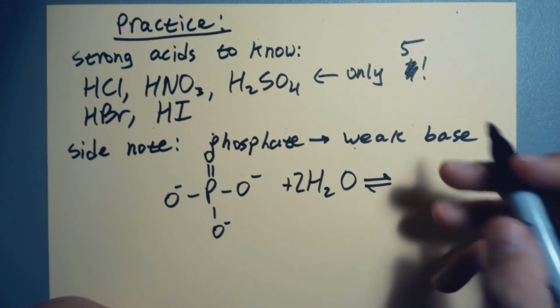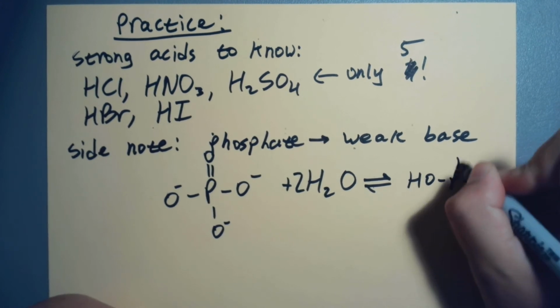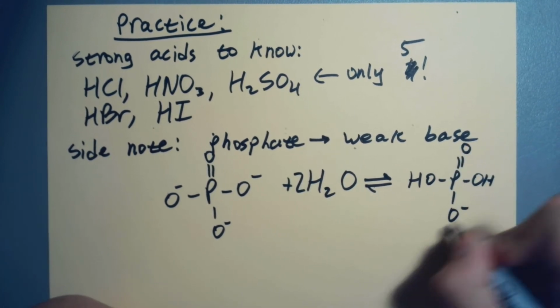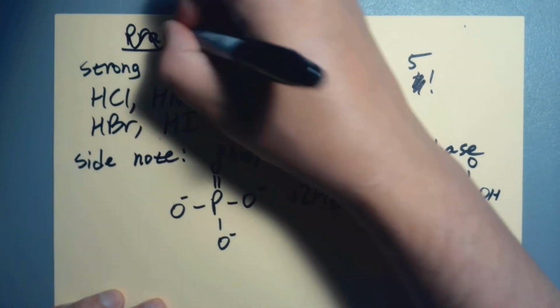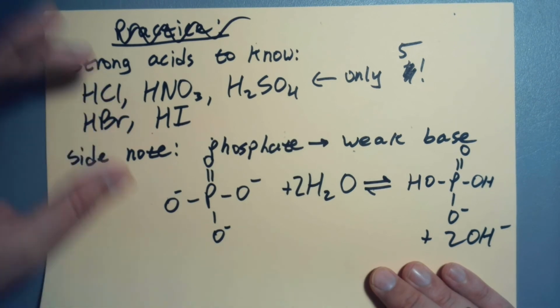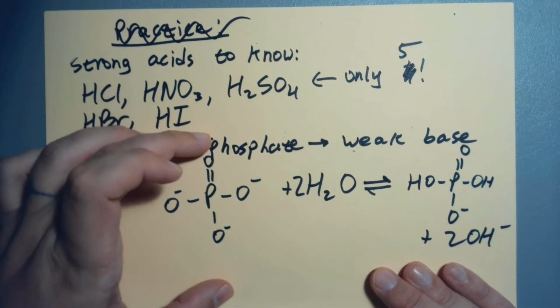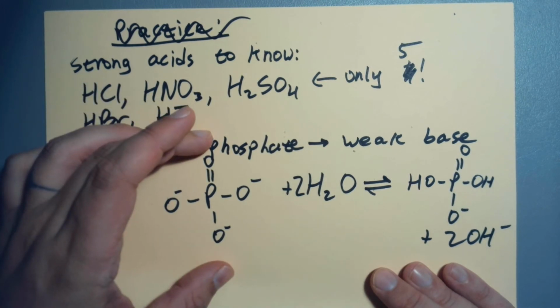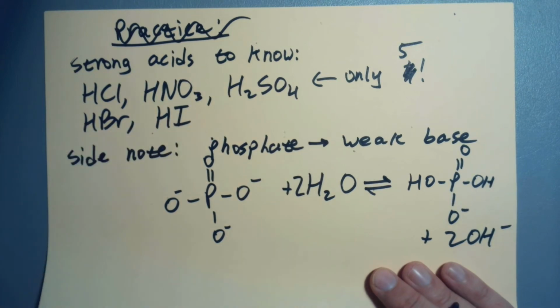I'm kind of combining two equilibriums here, but this is the form you've seen over and over again. And there's an equilibrium process there. And so phosphate can act as a base as well. This is just for your information. A lot of times you'll see pH buffered phosphate or something like that.